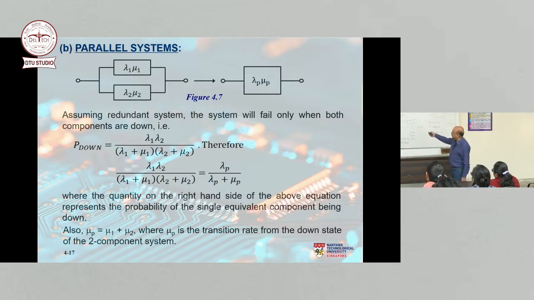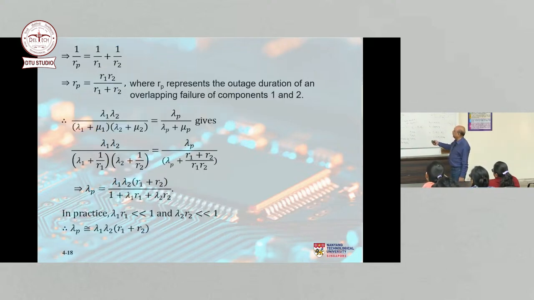Just expand this equation and then try and manipulate, and you will find that the lambda of this parallel system turns out to be of this form. Now once again we make an approximation. We say that normally lambda times r is much less than 1.